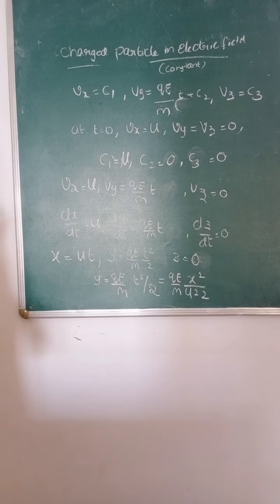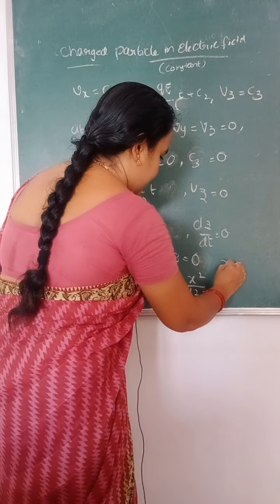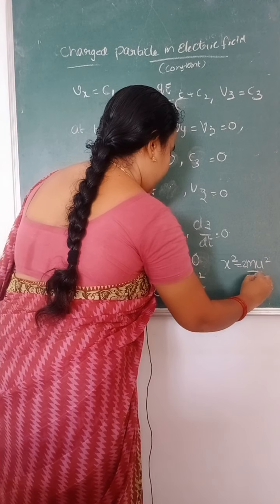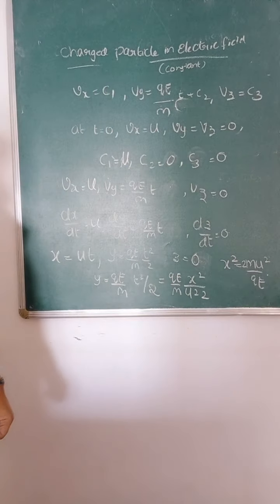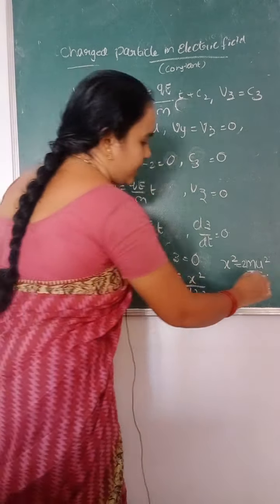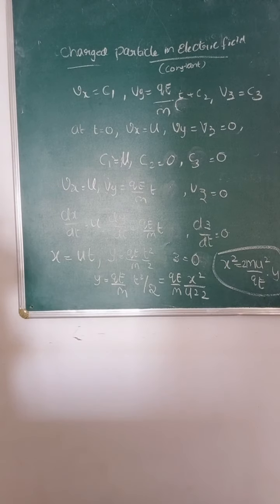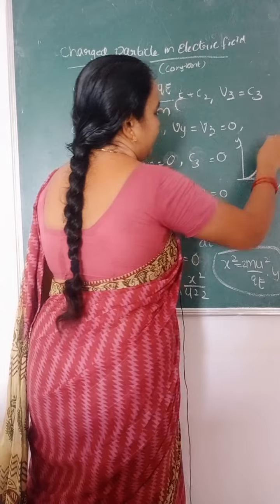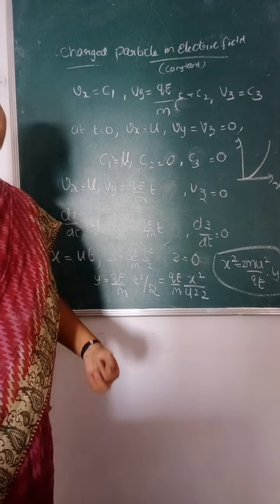So if you calculate, x square is equal to 2m u square by QE into y. That is, this equation represents a parabola. If you draw the graph between x and y, we will get a parabolic path. This is the charged particle in a constant electric field.